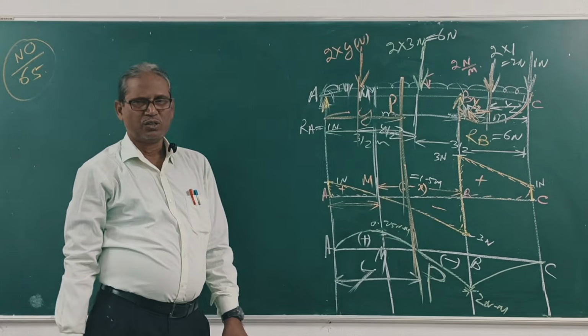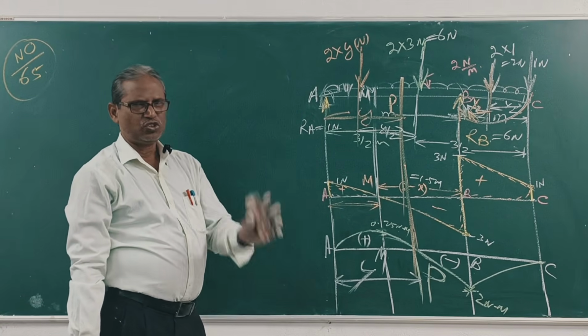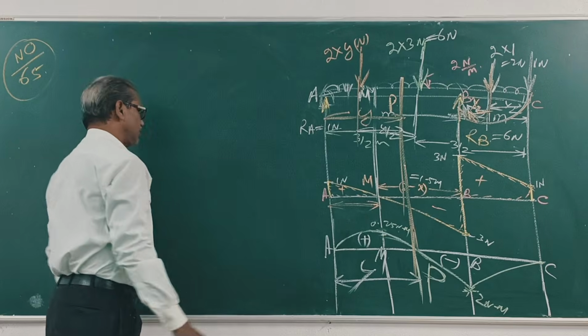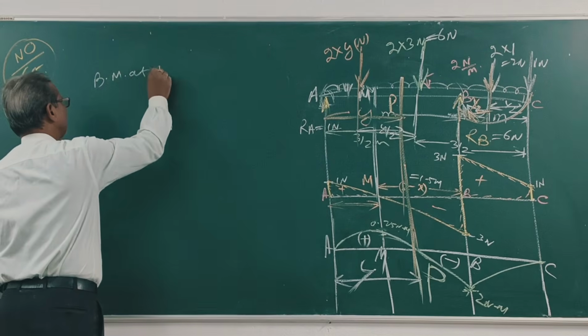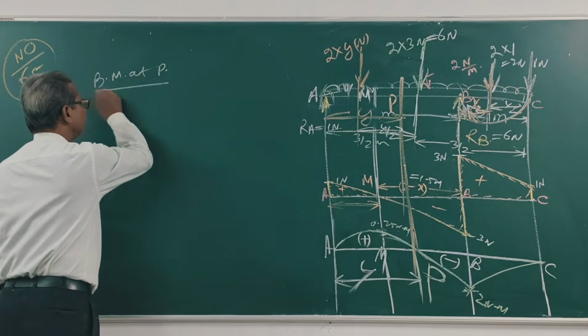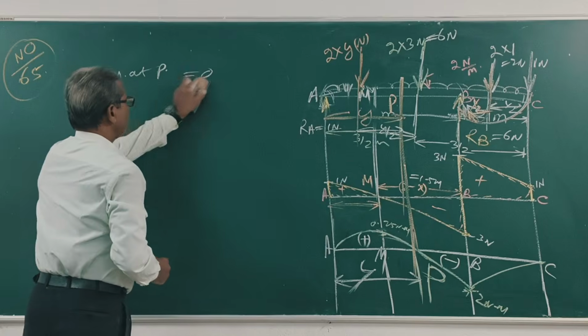Clear? Find the bending moment at P equal to 0. BM at P is 0. Clear?